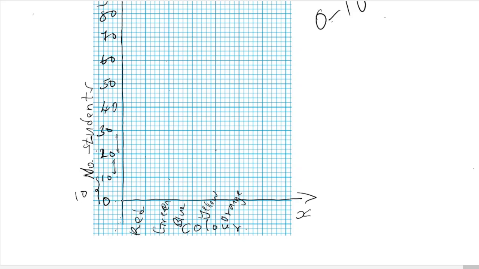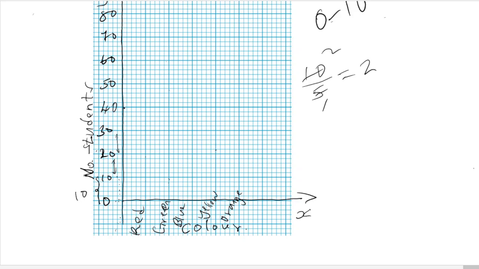There are 5 small boxes within this big box. If this big box contains 10 students, what about one small box? We divide 10 by 5 small boxes, and it will be 2. So one small box contains 2 students.